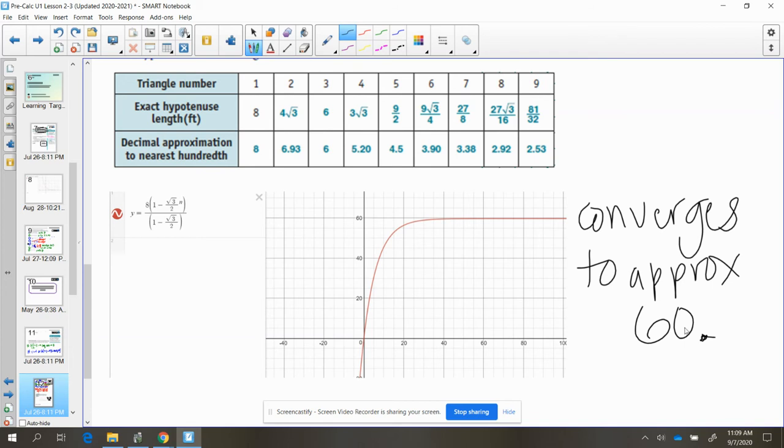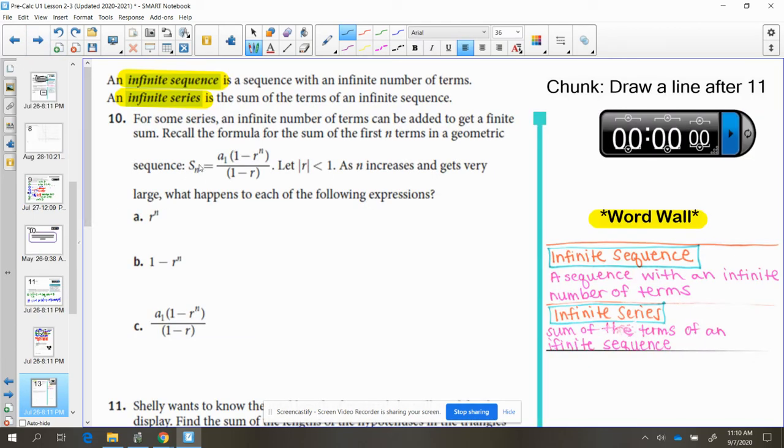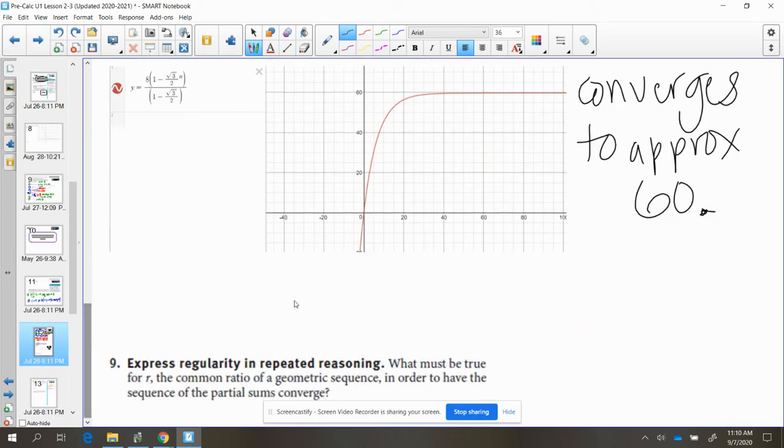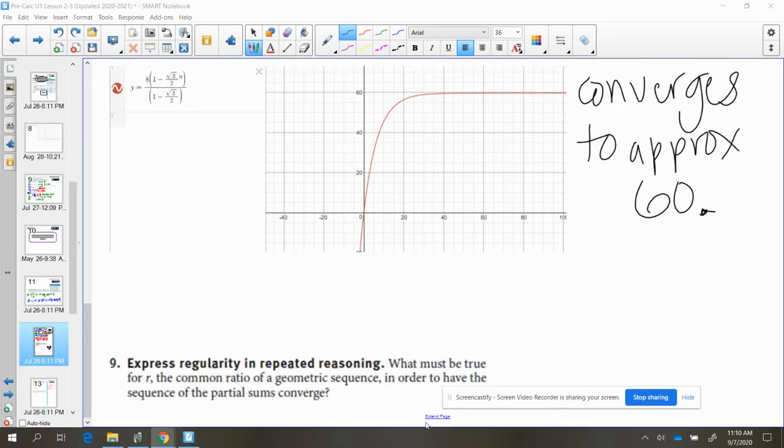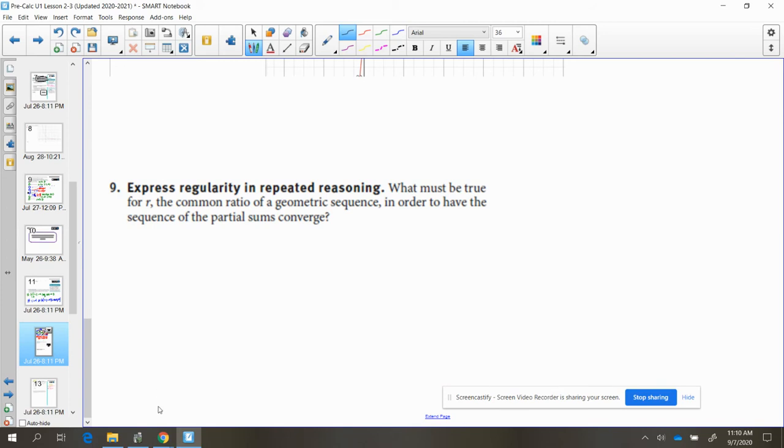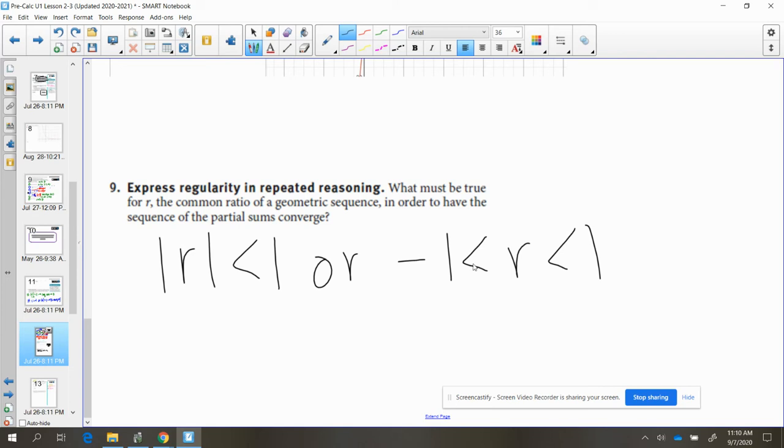So somewhere in that vicinity, just based on the graph, is what it looks like is happening here. So basically, if we have a sequence and we know that the absolute value of R is less than 1, or that it's between basically -1 and 1, right?